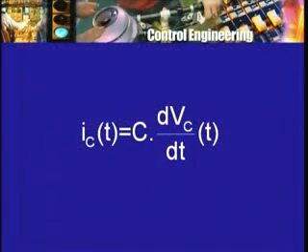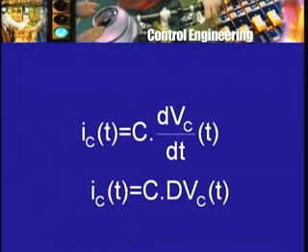Well, it is given as IC of t, the current I in the capacitor, so subscript C at time t, equals C, the capacitance, multiplying the rate of change of the voltage associated with the capacitor, or dVc/dt at t, or using the D operator notation, it will be C times D Vc of t.